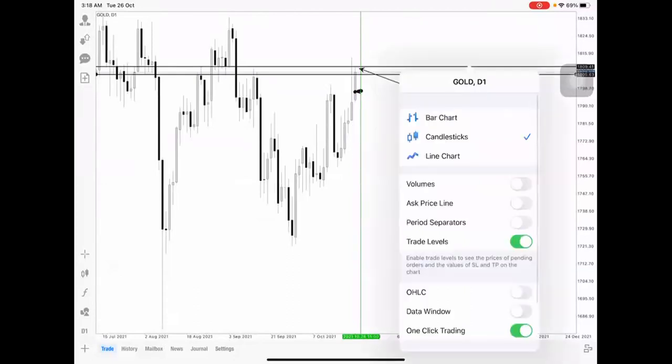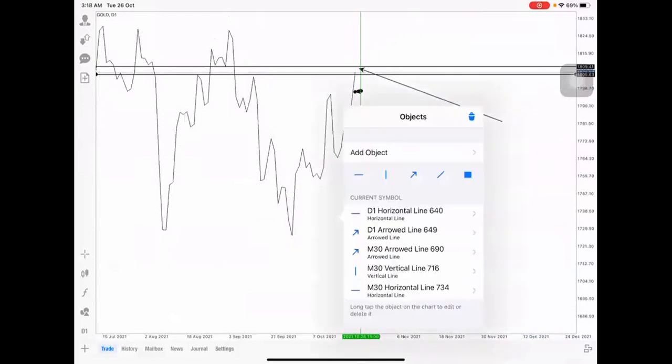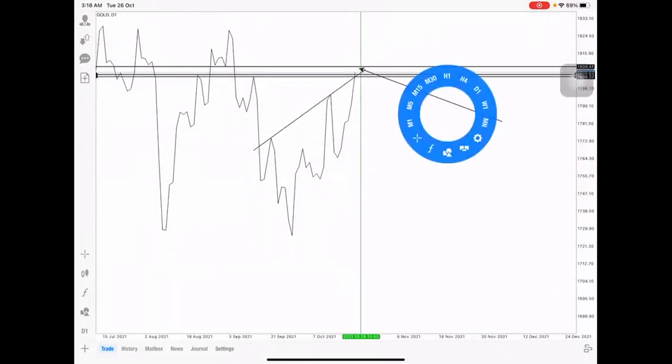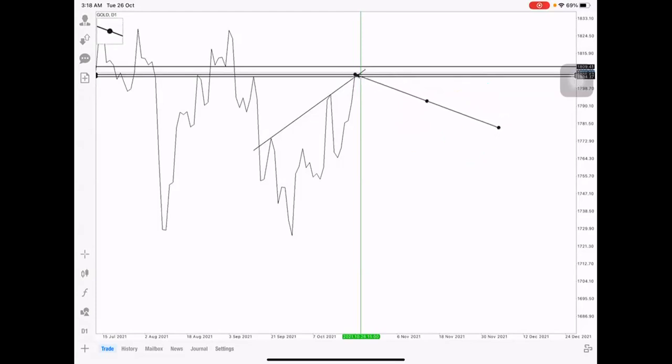Actually, we have 29, I think, at this level. Buy 1, 2, 3. But it must break out this level, so daily closing must be below this and below this.